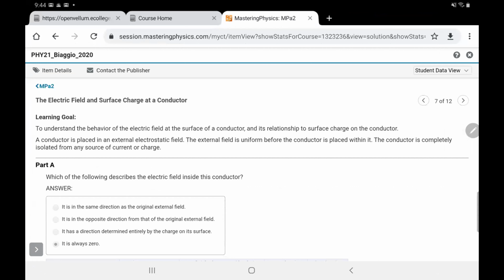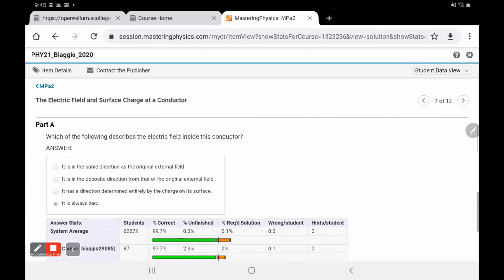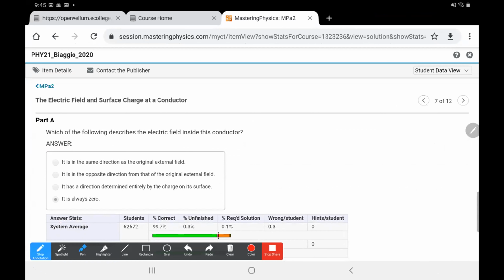You see, there is a conductor, and we're going to calculate the electric field inside the conductor. Which one is correct? See, first one, the field inside the conductor, the electric field has the same direction as the original external field.